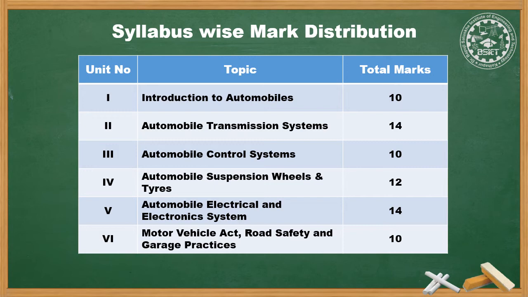In this chapter, we will be learning the different Motor Vehicle Act, the symbols that are used for informatory purposes to the passengers, the safety procedures that have to be followed, and the garage practices that are done to ensure that the garages are run properly. This chapter again consists of 10 marks. The total syllabus of 70 marks is divided into 6 chapters as per the given marks.